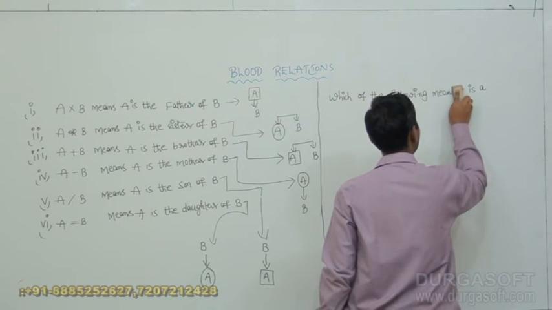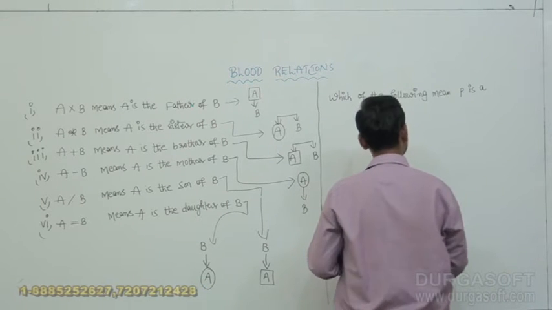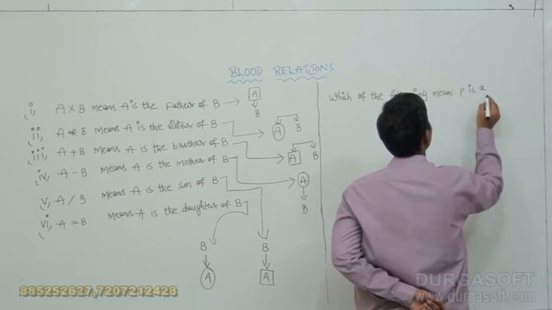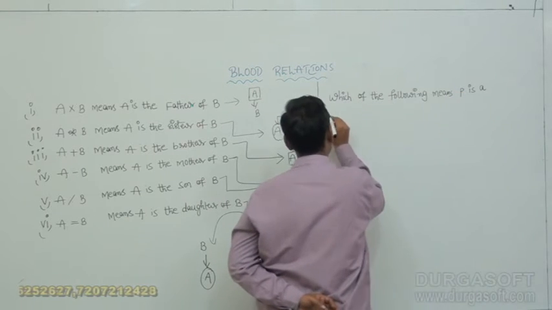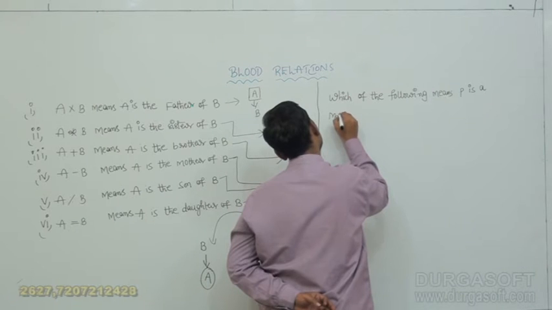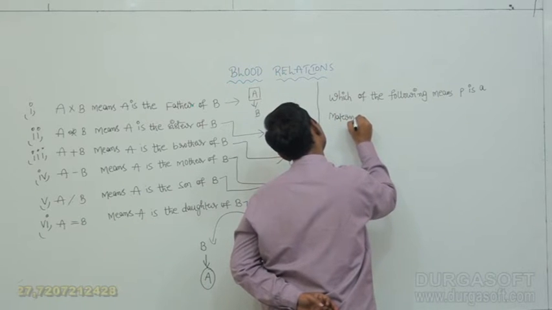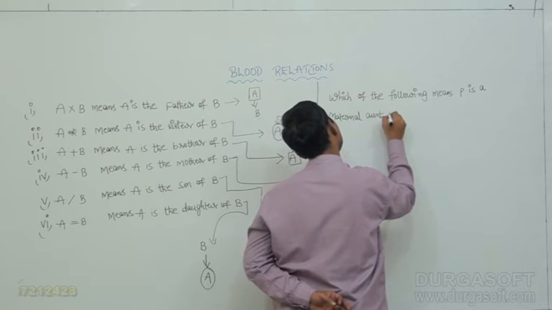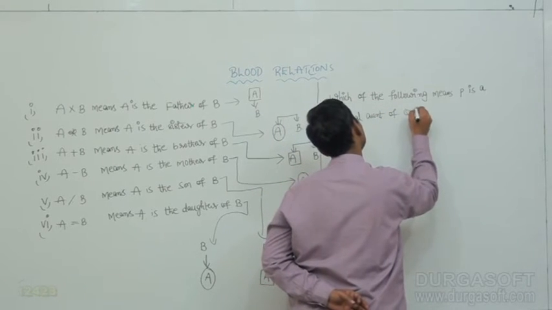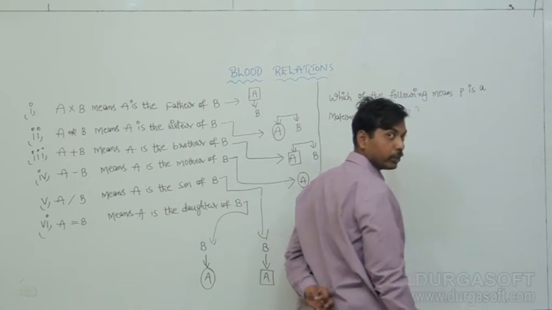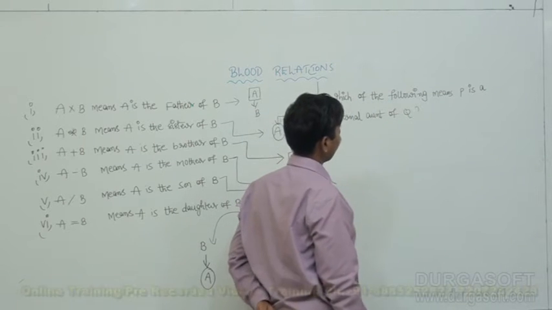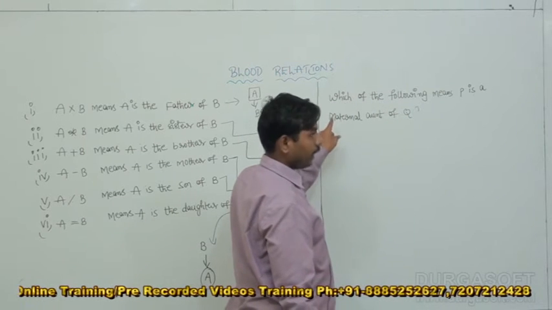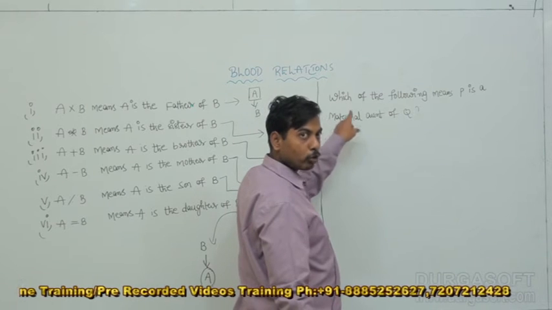P is a maternal on-off cue. So let us check here. Which of the following means P is a maternal on-off cue?